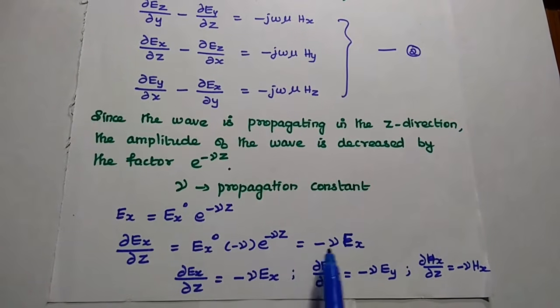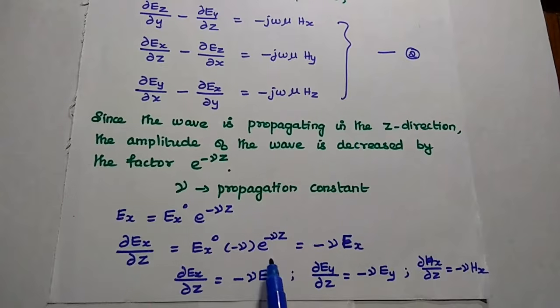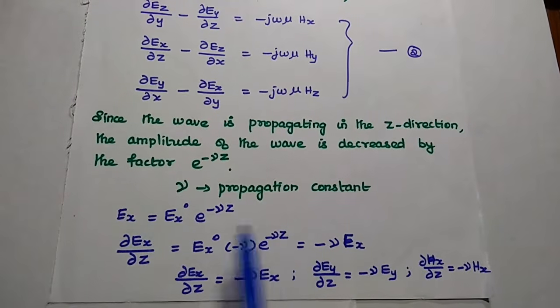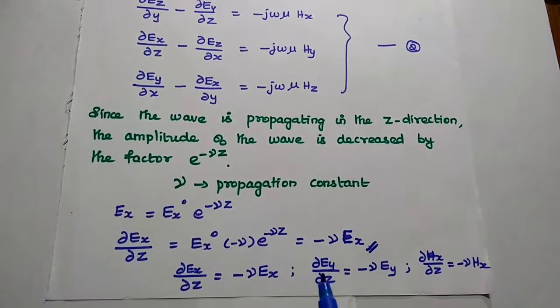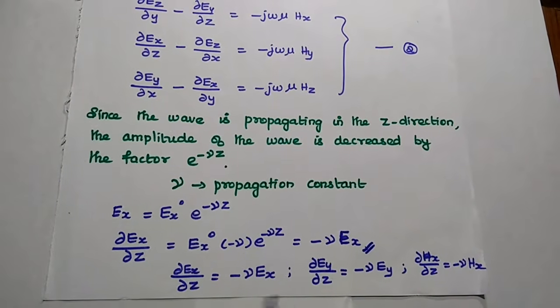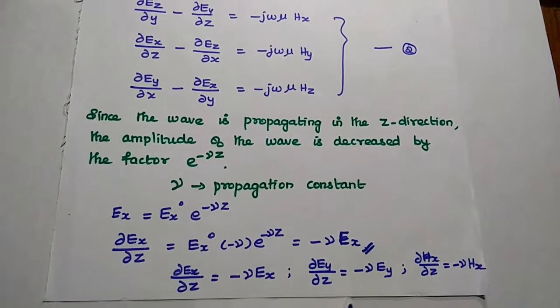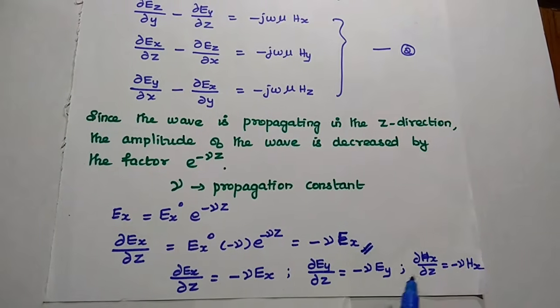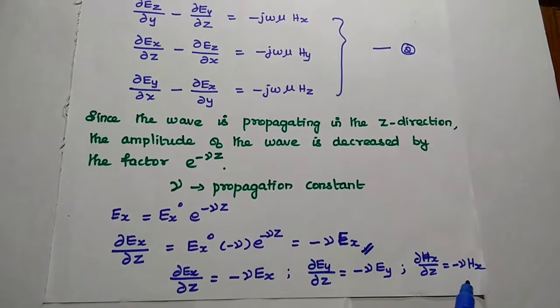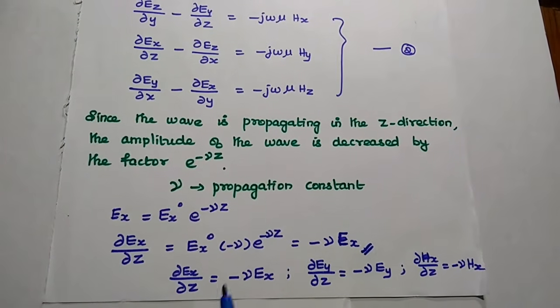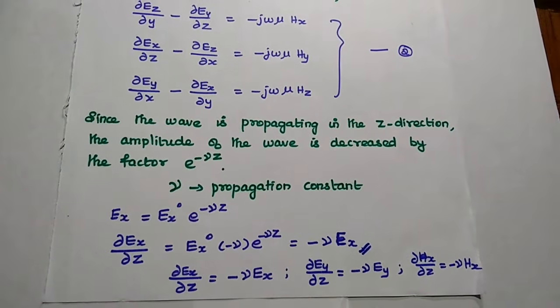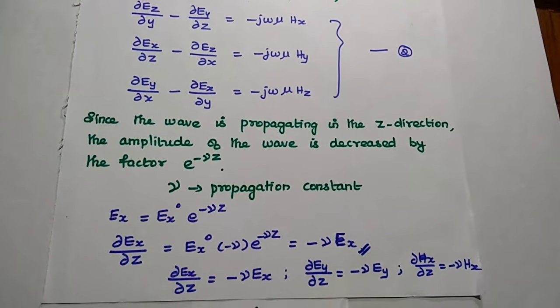We can write −γ Ex0 e^(−γz), which is nothing but Ex, so this value is −γ Ex. Similarly, ∂Ey/∂z = −γ Ey, and ∂Hx/∂z = −γ Hx. So whichever field components are differentiated with respect to z, those can be written like this.